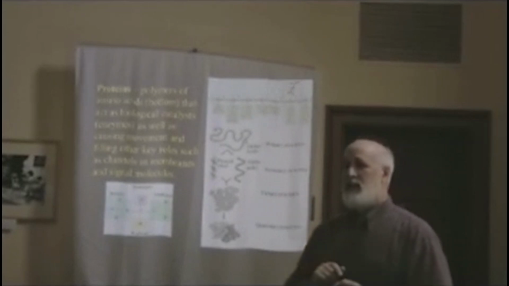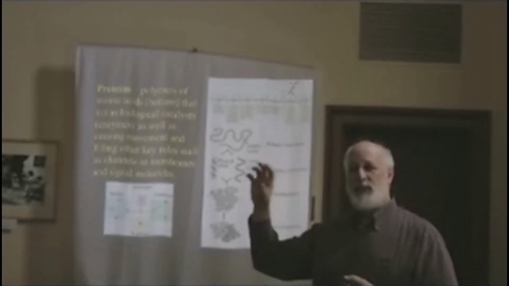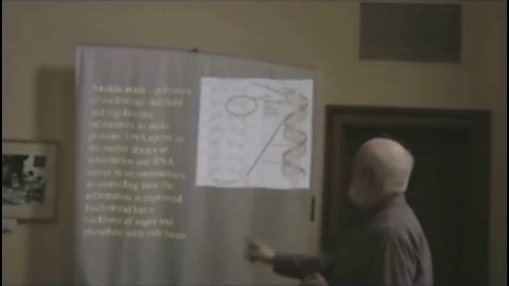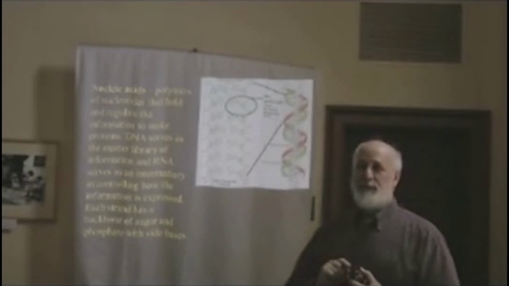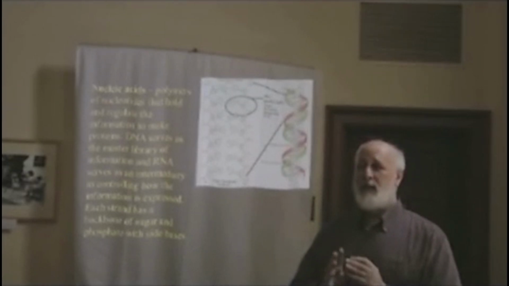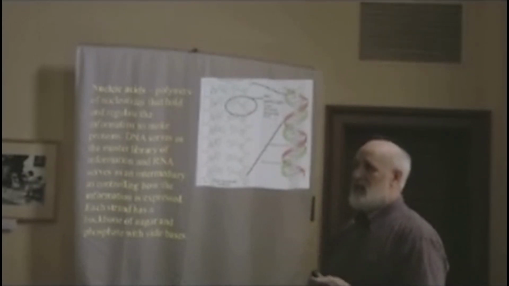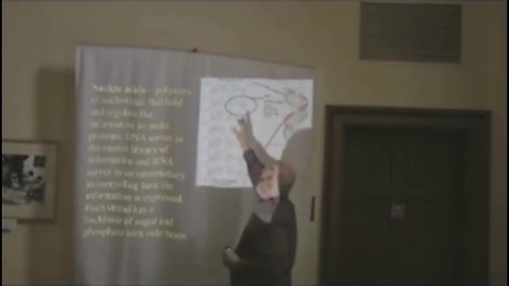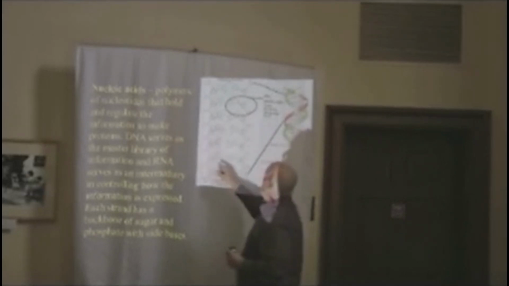Now, where do we get the information to put those amino acids together to make things work? From nucleic acids. Nucleic acids are also a polymer, a long chain of subunits called nucleotides. Here we see 2 strands of DNA, one here and one here.